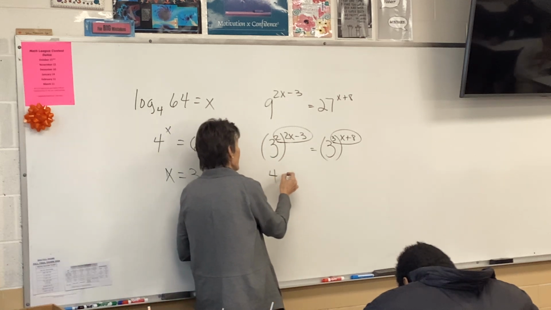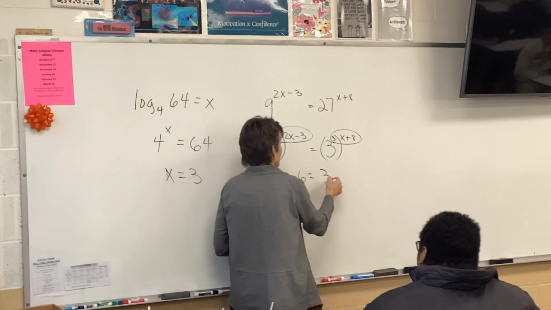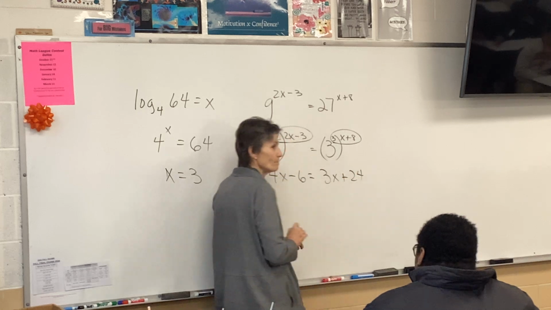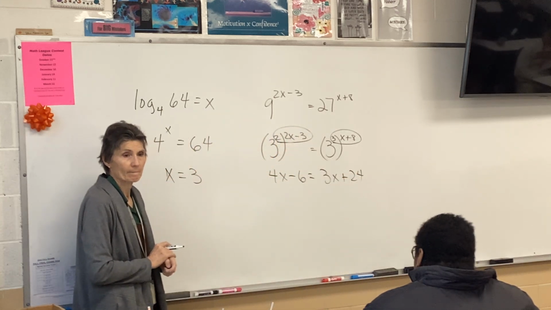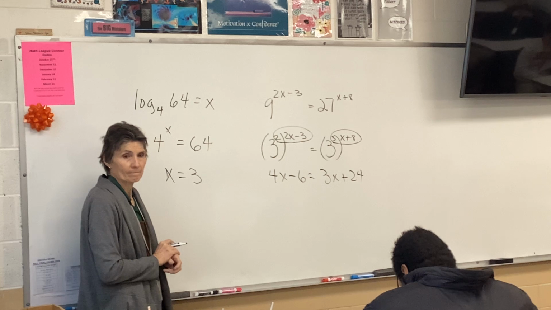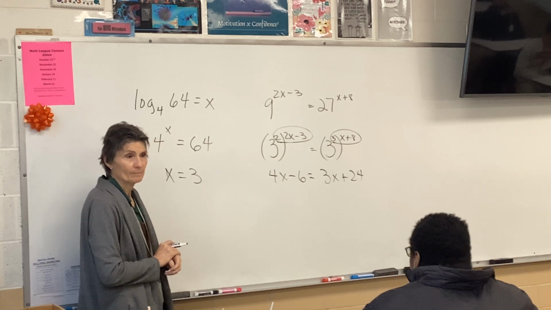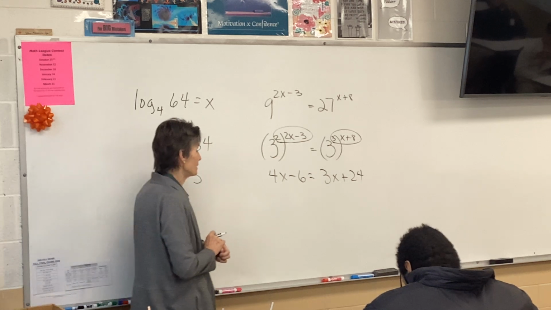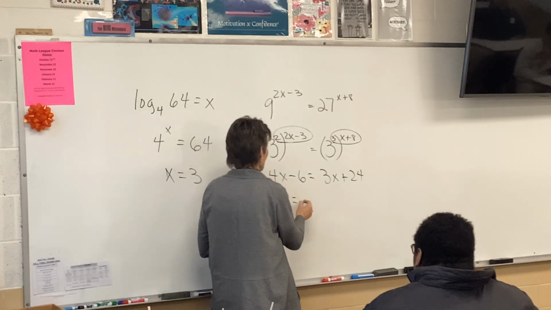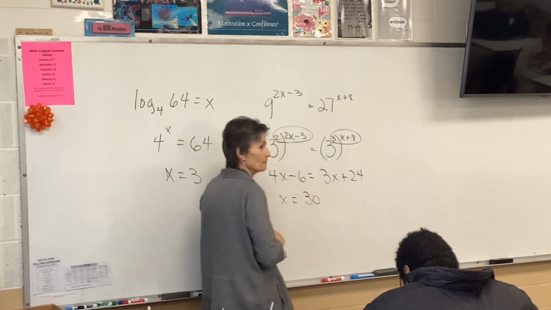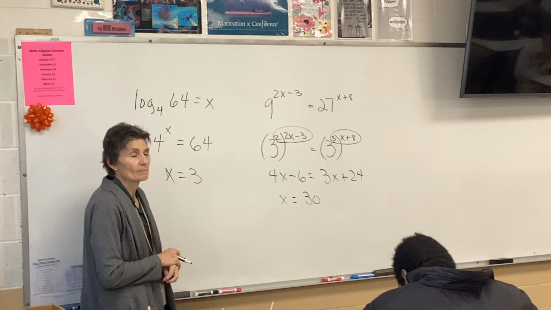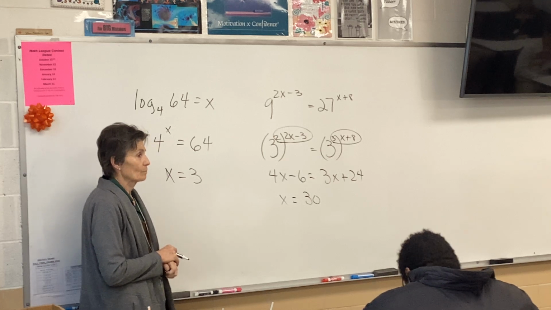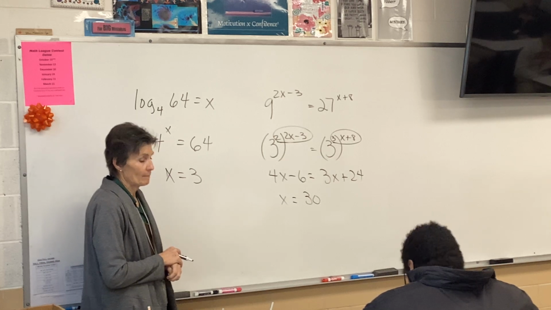So 4x minus 6 equals 3x plus 24. Right? And then subtract 3x, looks like x equals 30. Did you get 30? Yeah. All right.